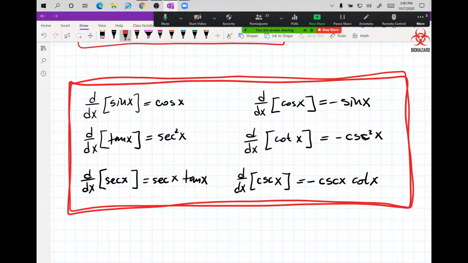This will be used a lot later on, not just in Calc 1, but going on to Calc 2 for integration by parts, trigonometric integrals, trigonometric substitution, and so on.